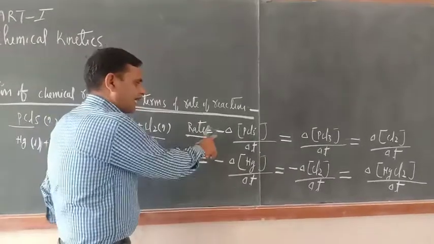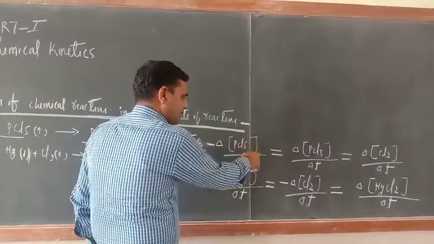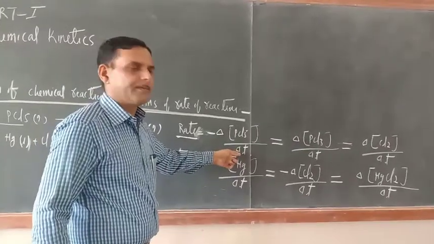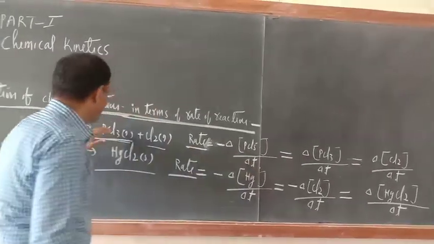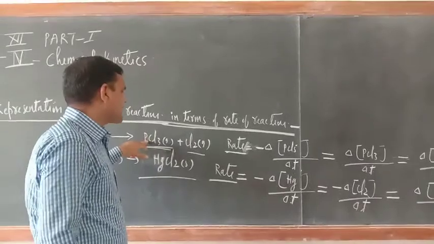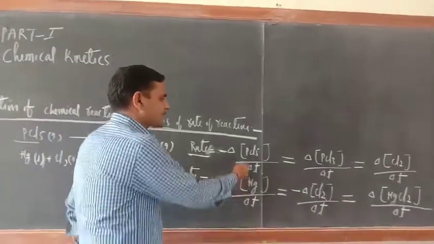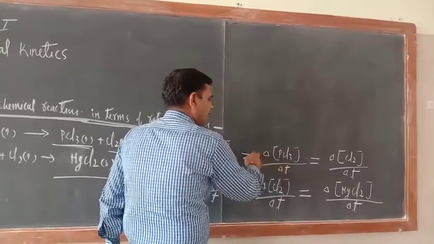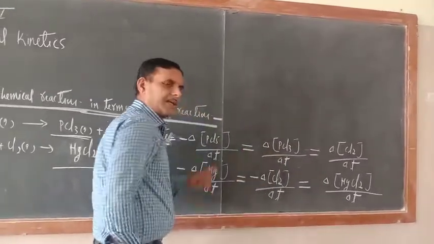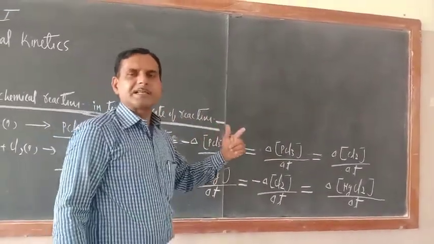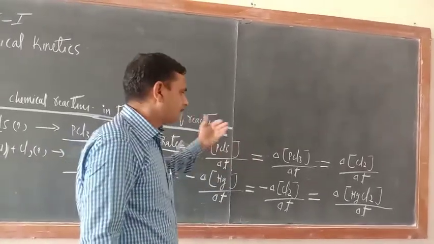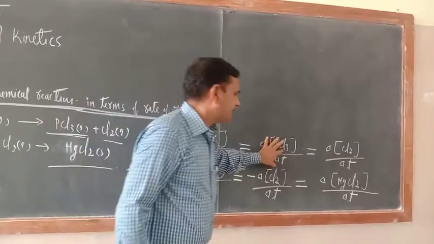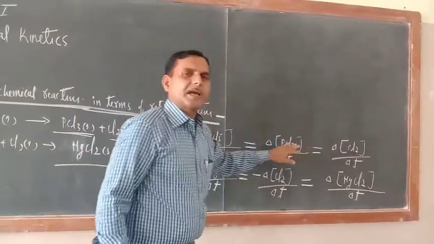That is why the minus sign: PCl5 in square brackets, with respect to time, delta T. Now come to the product side. Now here PCl3 and Cl2 are there. In the same way you should write them inside the square bracket only. But here the minus sign won't come. In case of product molar concentration, the minus sign will not come, the plus sign will come. And in between reactant and product, the equal sign must be there.